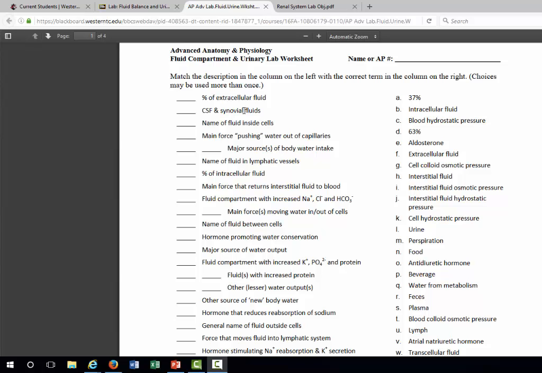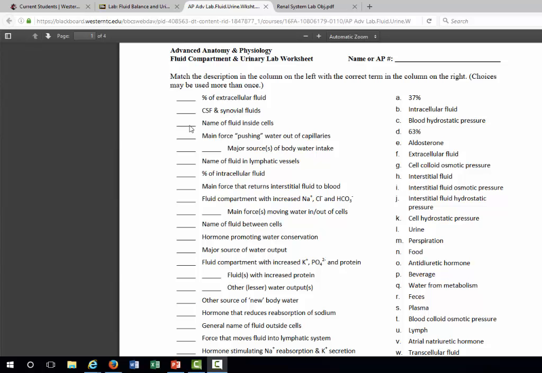They're called transcellular fluids, correct. And what do we call the fluid inside cells? Intracellular fluid, correct. And that's letter B. The main force pushing water out of capillaries, we talked about this in lecture last week. Yep, it's letter C, blood hydrostatic pressure.